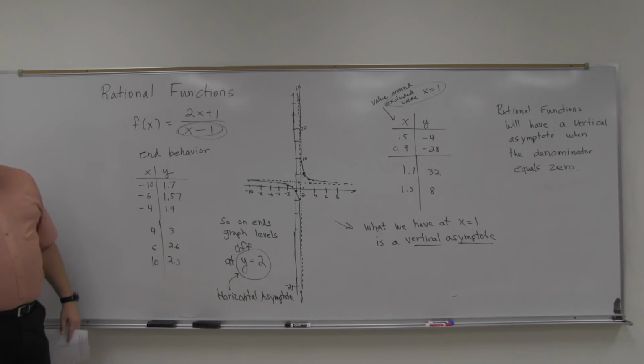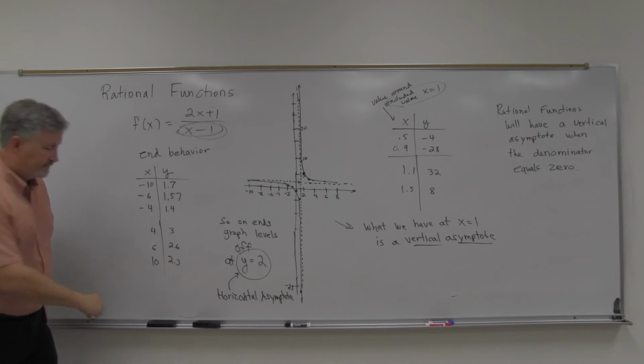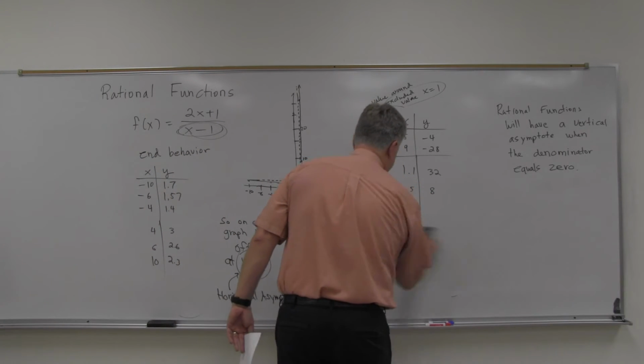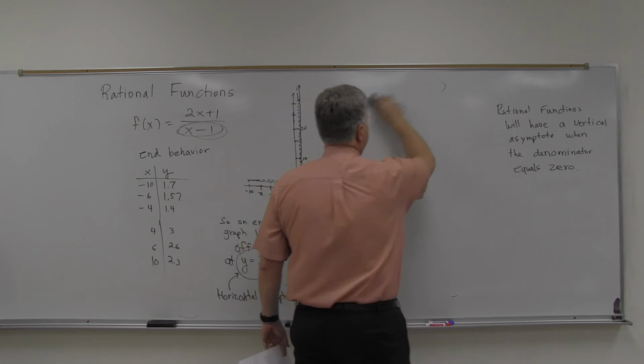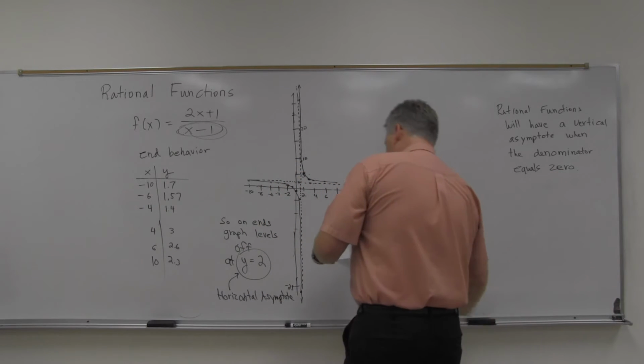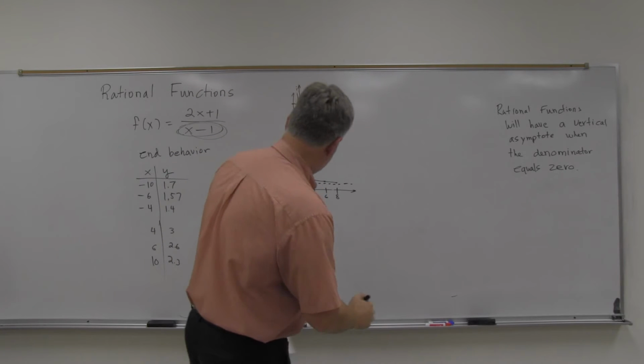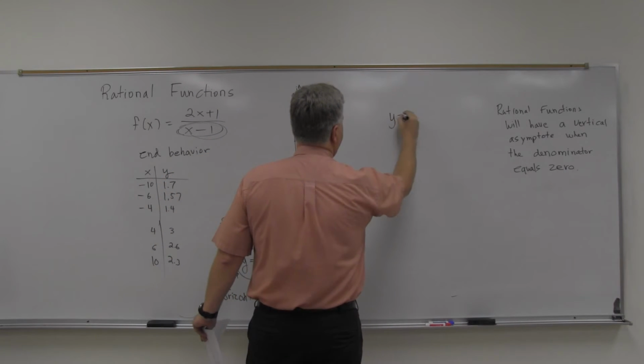Now, it's a little different as far as finding where our horizontal asymptote is, because we don't want to have to do tables like this every time. We know how to find those vertical asymptotes. So why is it y equals 2?